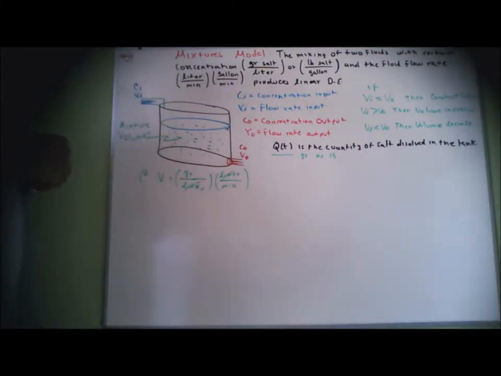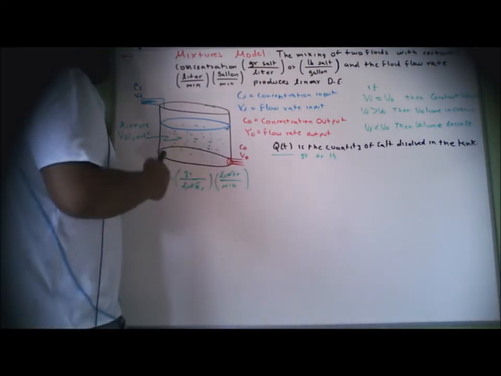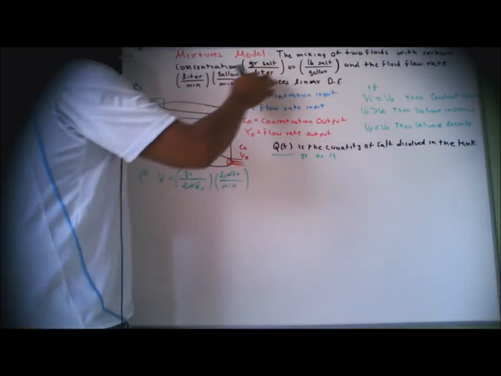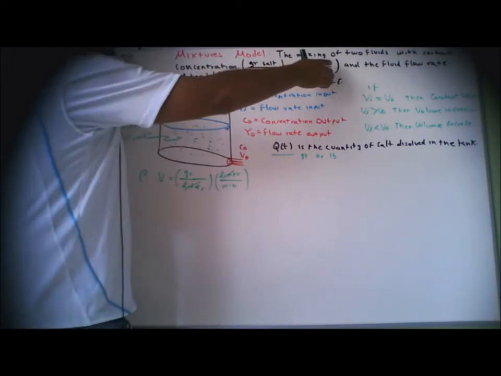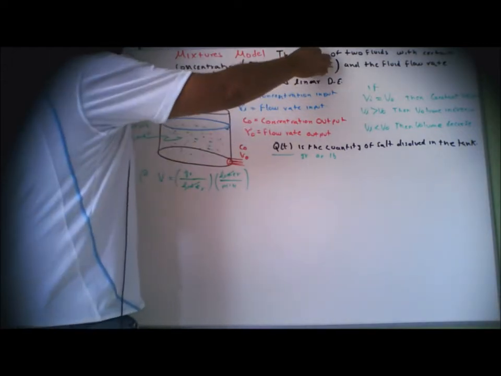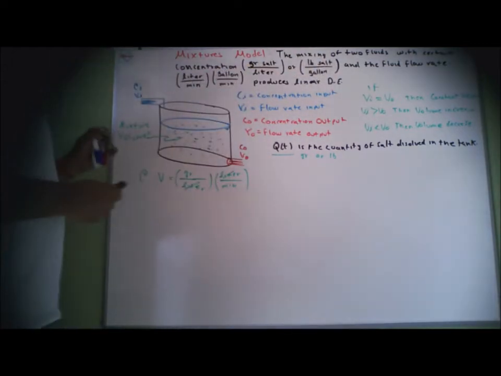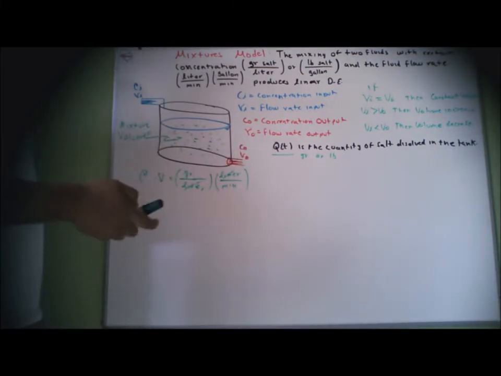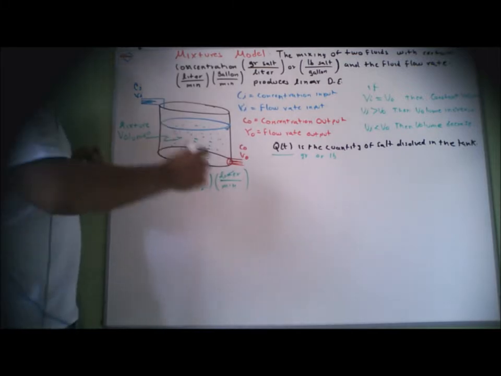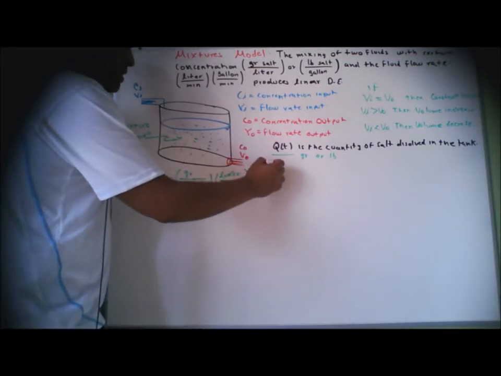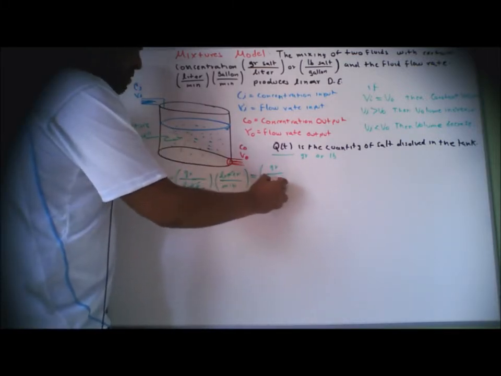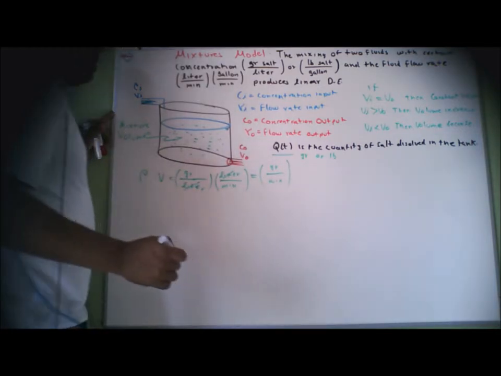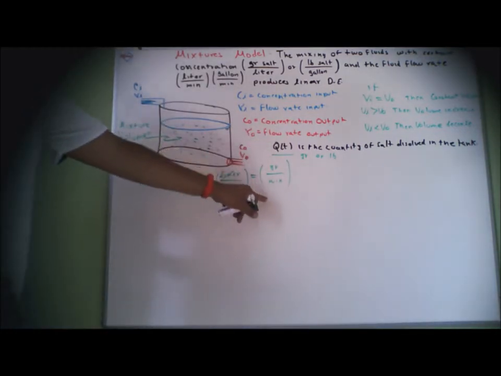Now what happens if you do it in the English units? It's the same, because the gallons are going to cancel and you will get pounds per minute, because the quantity of salt dissolved is measured in grams or pounds. So the resulting units are grams per minute, meaning Q of T divided by the time.